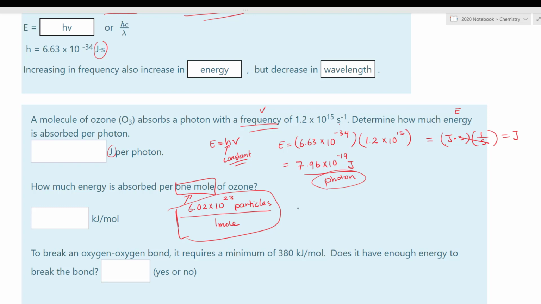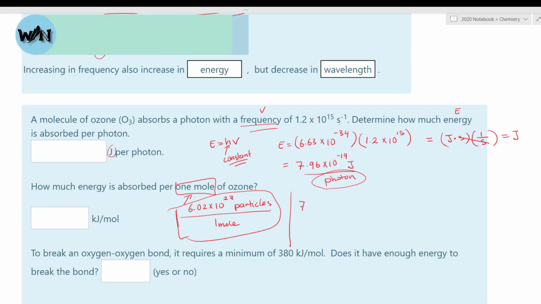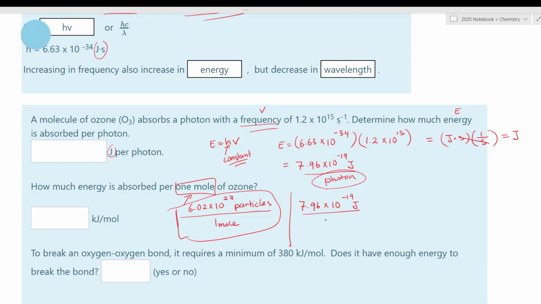So let's solve this problem. We have this per photon. We have 7.96 times 10 to negative 19. So in this case, remember, this is joule per photon. So how do we get rid of photon?